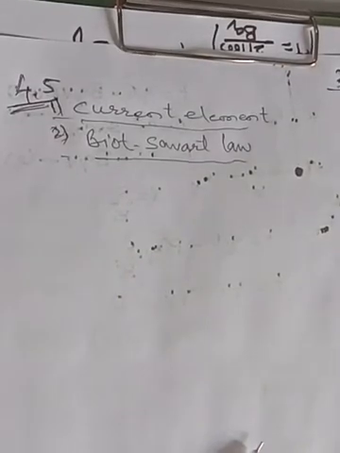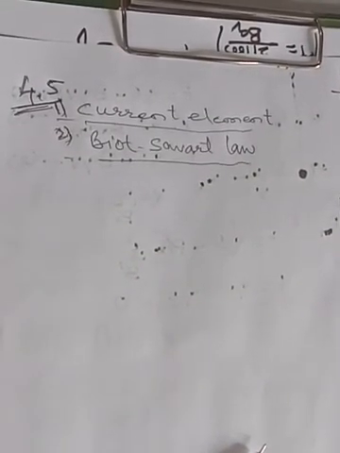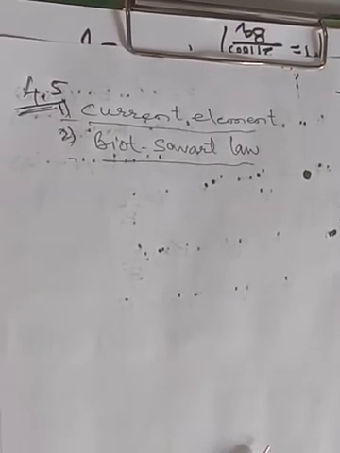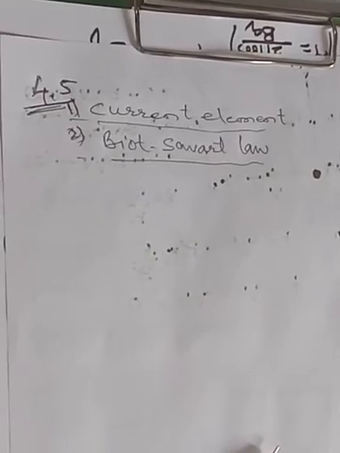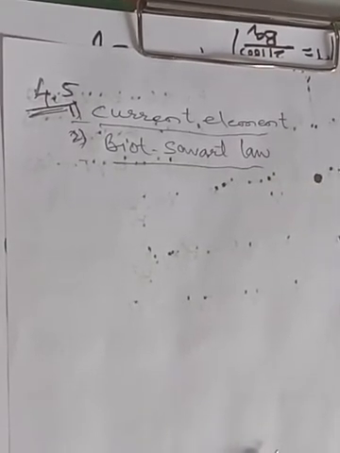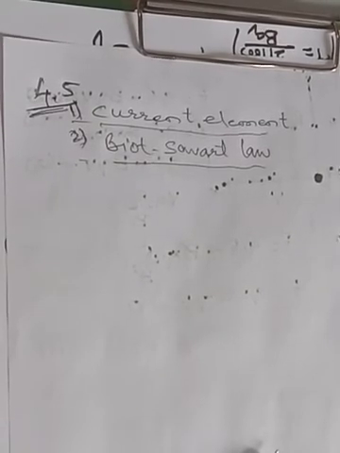Yesterday we completed the velocity selector. We have seen motion of a charged particle in combined electric and magnetic field, and we came to know that when the charge is moving with a velocity of E by B, then the charged particle will move in a straight line without deviating.